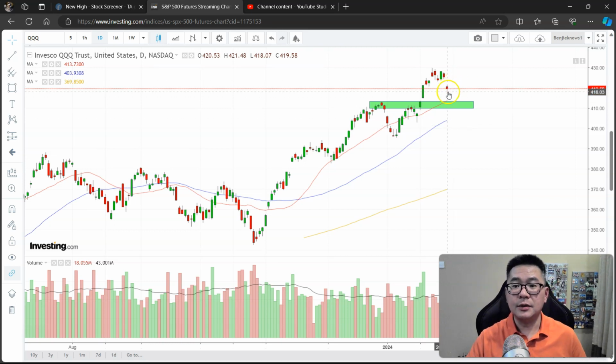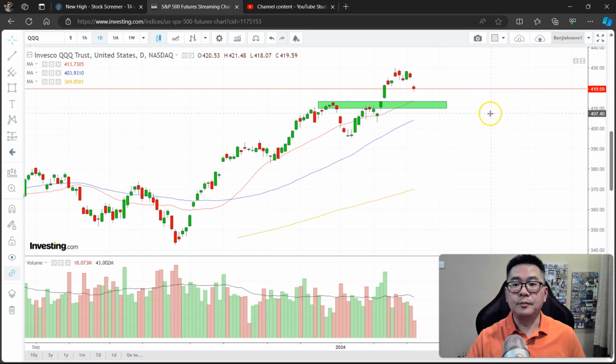So there is a possibility that when it drops to around this area, we could buy at dips. For me, it's very easy. If it doesn't drop below this support area and the moving averages are still rising, things are going to be okay.